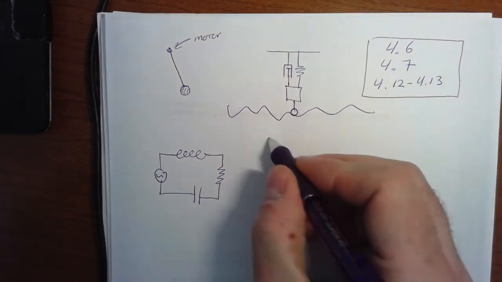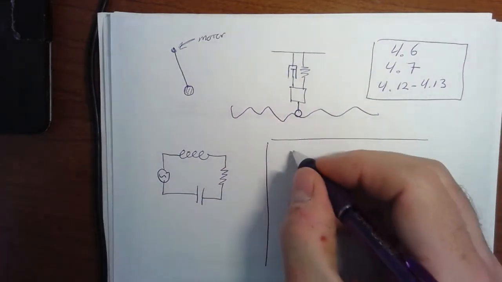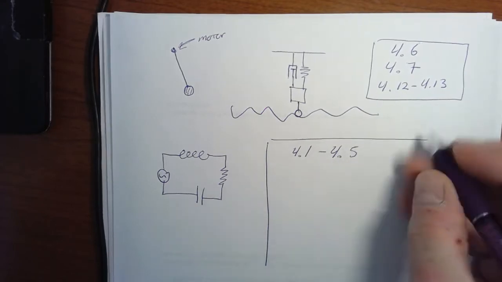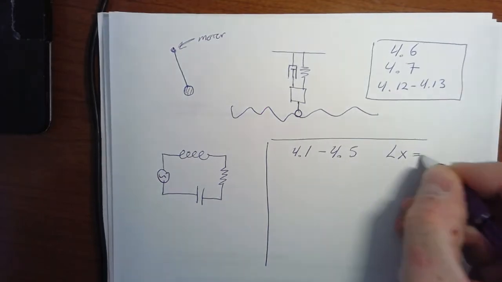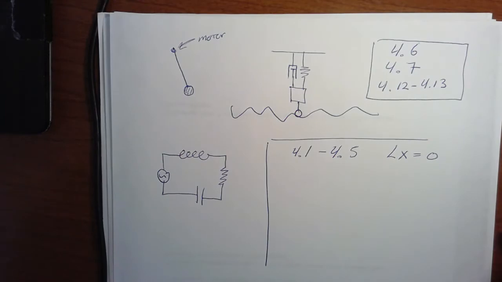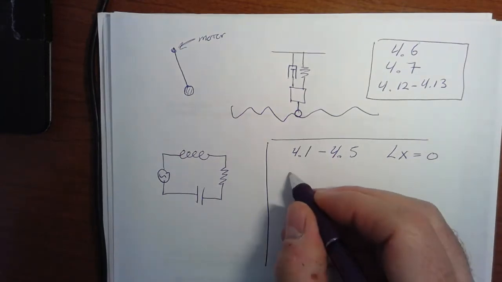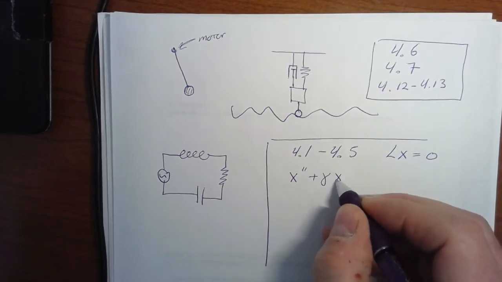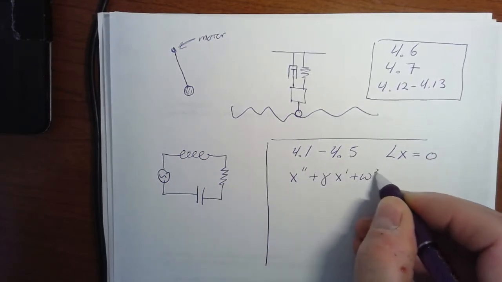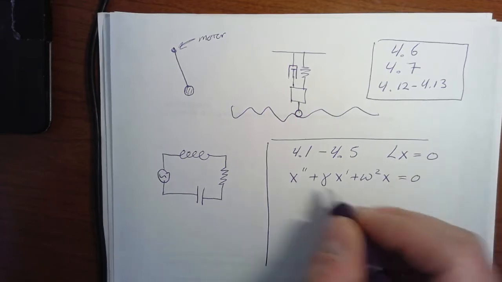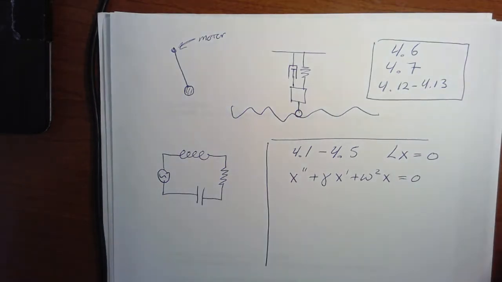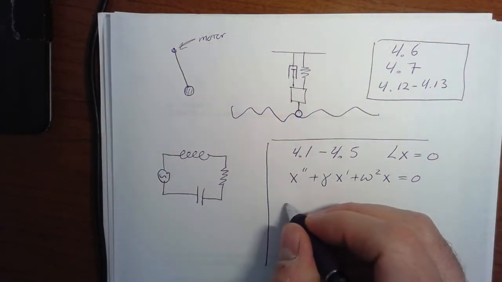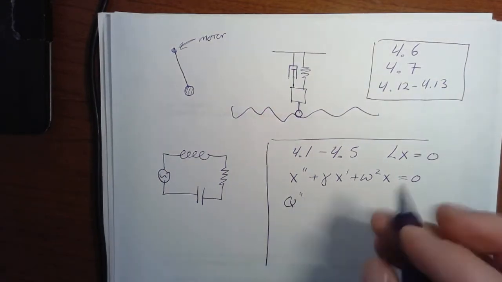So to kind of start off a little bit, sections 4.1 through 4.5 deal with homogeneous equations. Now, a homogeneous equation in 4.5 was this very general damped harmonic oscillator. And there's a circuit analogy to this too, right? This would be, let's see if I can just write it down, possibly.